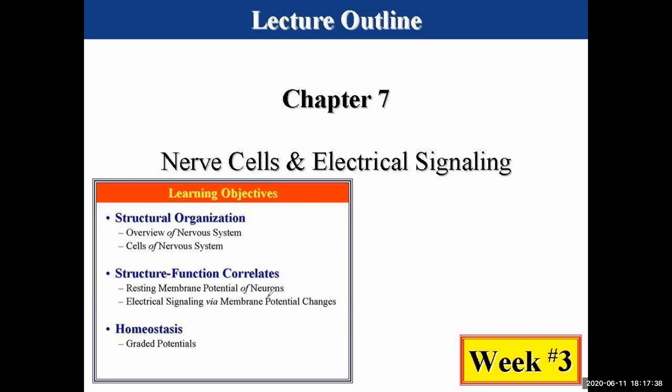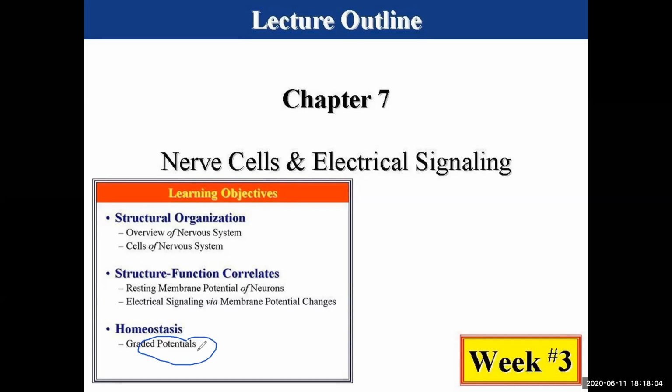And so that's under structure function correlates. And one specific example of changing the membrane potential and using it as a signaling mechanism, we're going to see under graded potential. So graded potential is just an example of an electrical signaling mechanism for today.